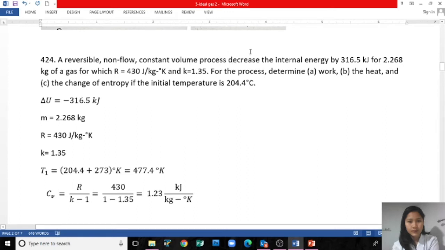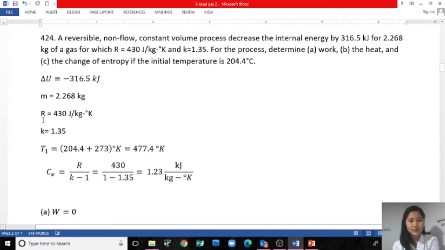Since it is stated here that there is a decrease in the internal energy, then delta U would be negative. The mass is equal to 2.268 kg. The R, or the specific gas constant, is equal to 430 joules per kilogram degree Kelvin.